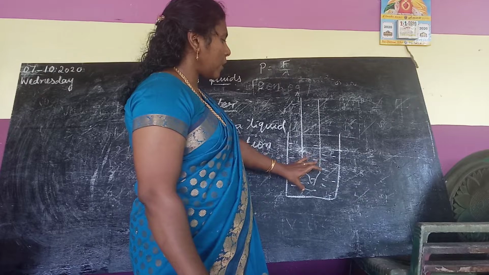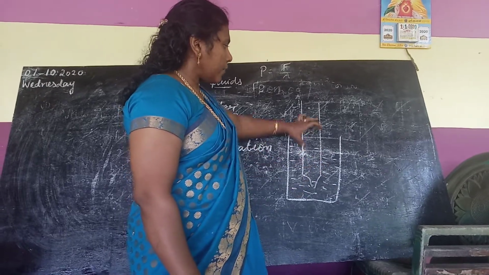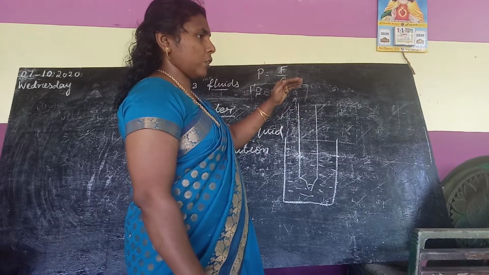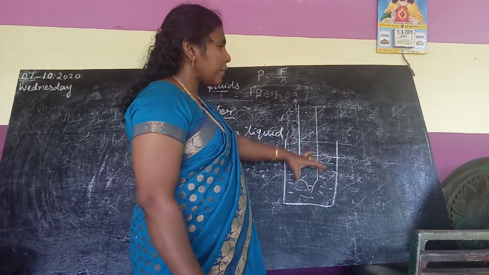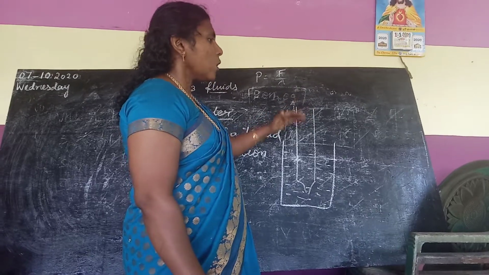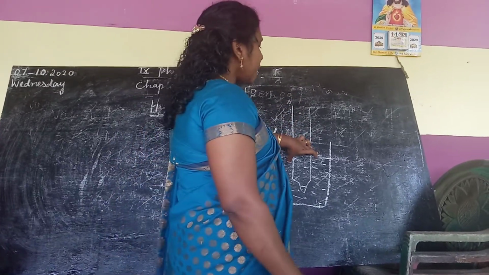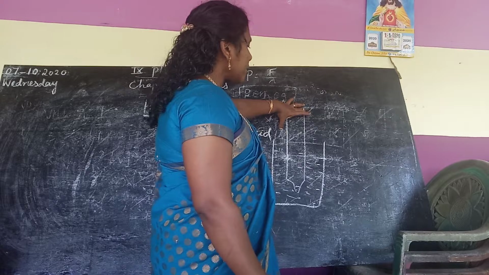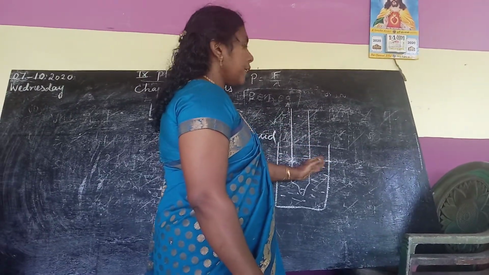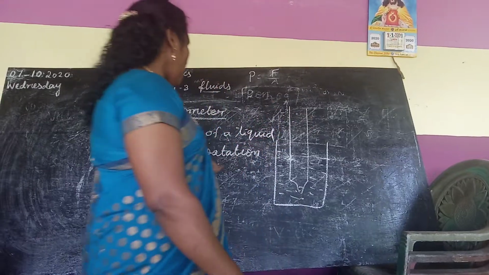When we immerse any object in water, some water is displaced, you know that. That displaced weight is equal to the weight of the hydrometer. As much as the hydrometer weighs, that much liquid is displaced.